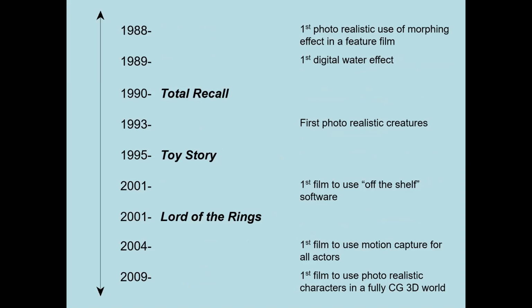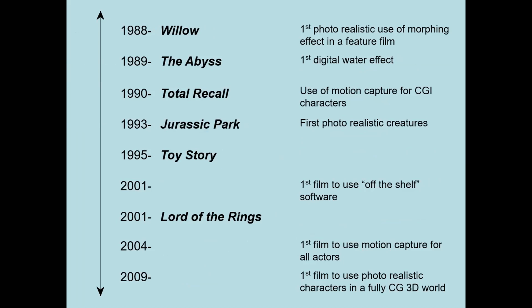And 1988, The Willow, the first photorealistic use of morphing effect in a feature film. The Abyss, the first digital water effect. And Total Recall, the use of motion capture for CGI characters. And then the Jurassic Park, the first photorealistic creatures.